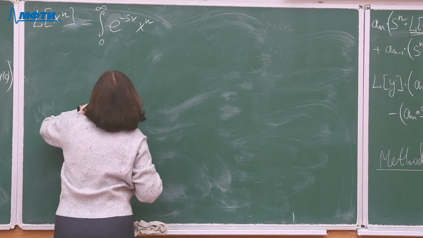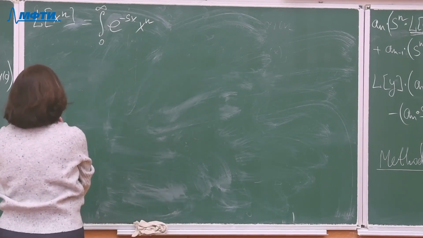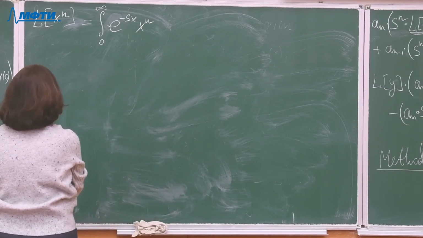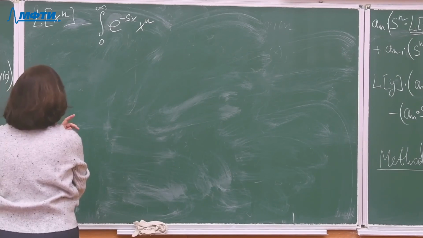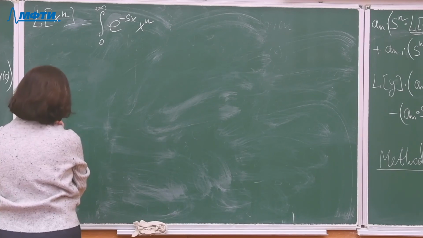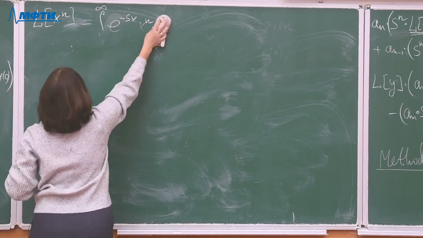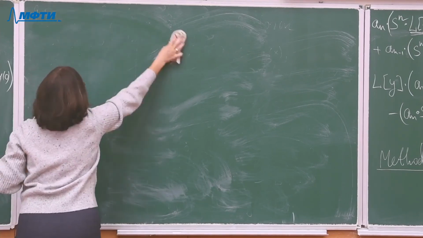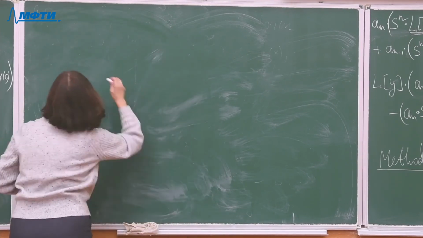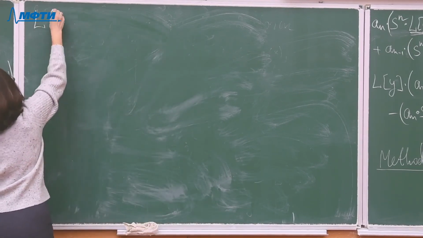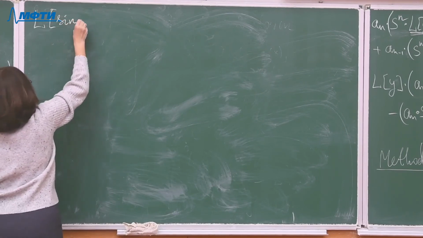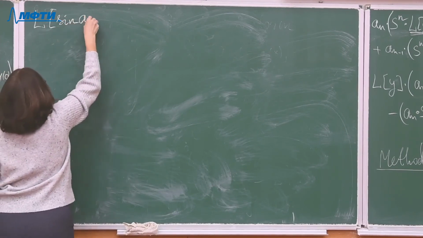Maybe it's better not to start with this, because we need some theorem. Let's not do this, but let's find the Laplace transform of sine or cosine. For example, sine ax, maybe.